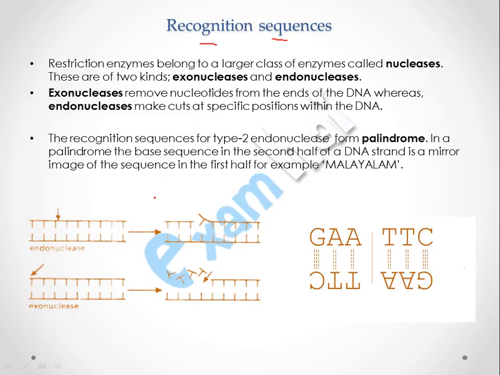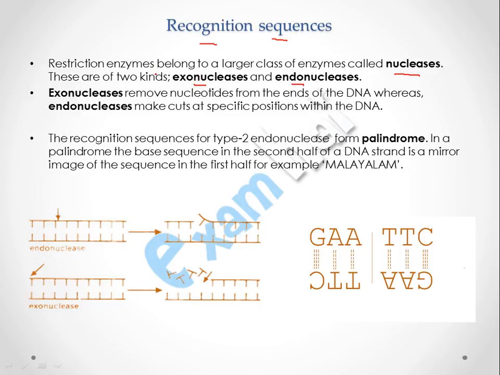These are patterns or sequences inside a DNA which are recognized by a restriction enzyme, and these restriction enzymes are called nucleases. They are of two kinds, exonucleases and endonucleases.